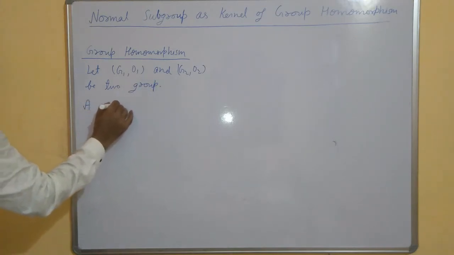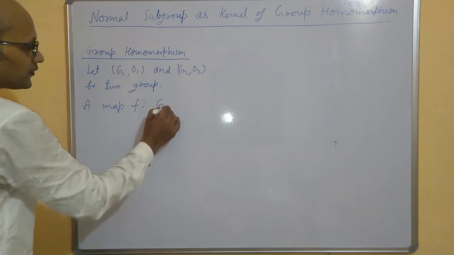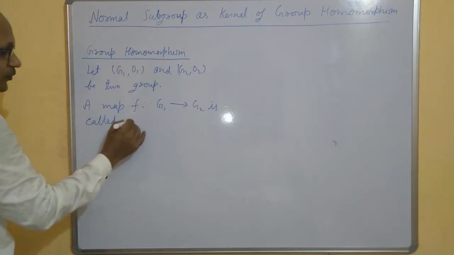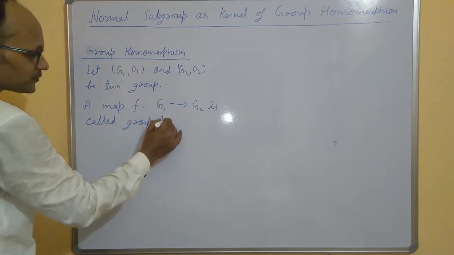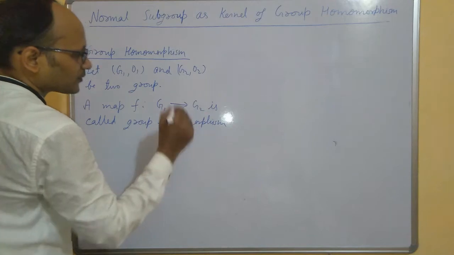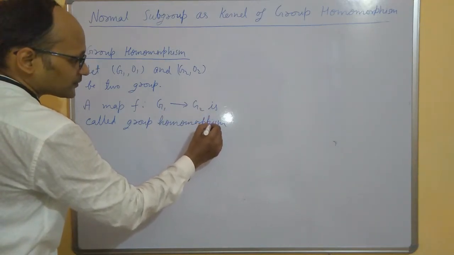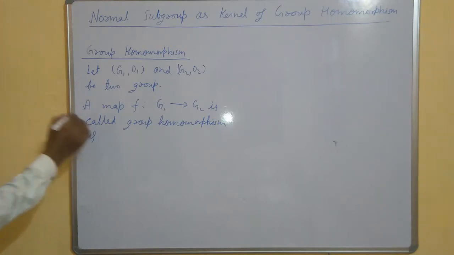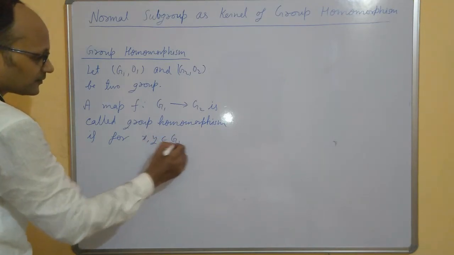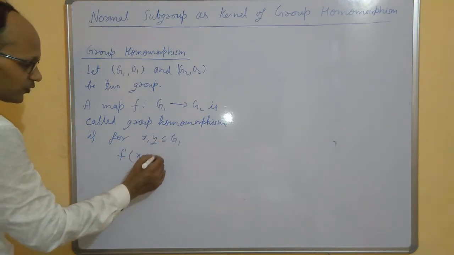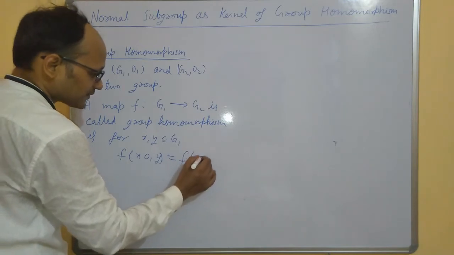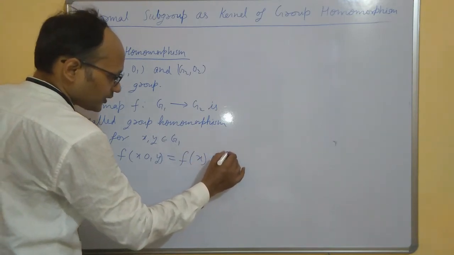A map f from G1 to G2 is called a group homomorphism if for x, y in G1, f(x O1 y) is equal to f(x) O2 f(y).